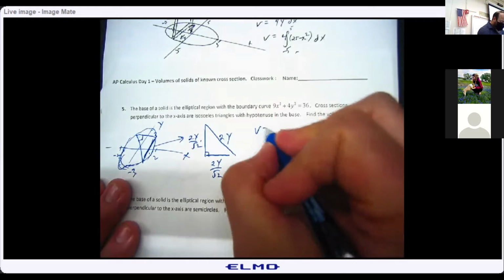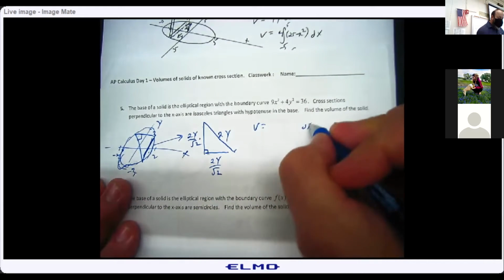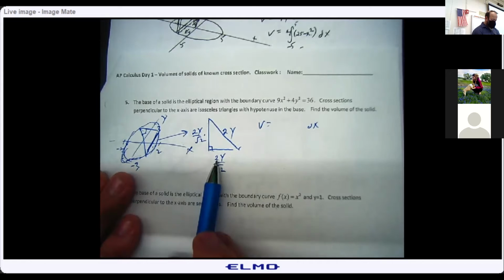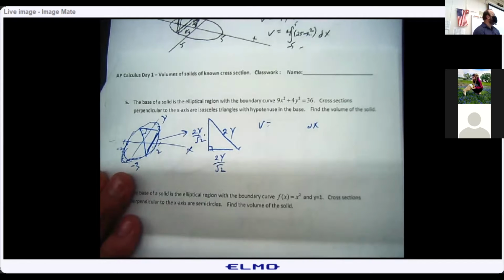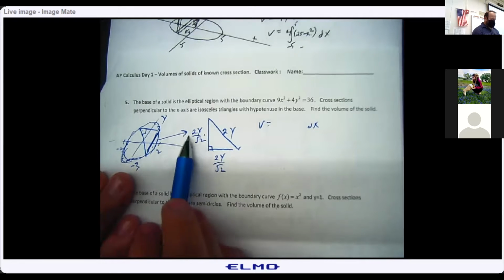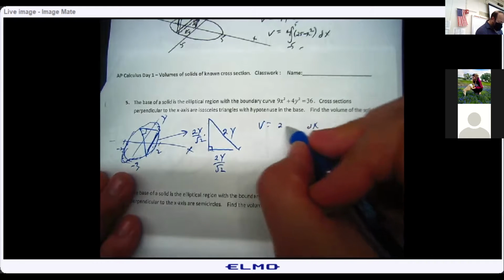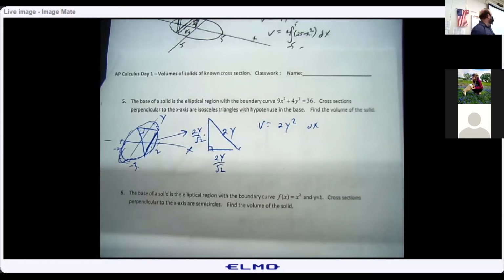So the volume of this little wedge, it's going to have our dx there, isn't it? What happens if you multiply those two together? What is 2y over root 2 times 2y over root 2? That'd be 4y squared over 2, so just 2y squared. Oh. But just like the previous problem, we have a little bit of an issue because it doesn't agree, right?